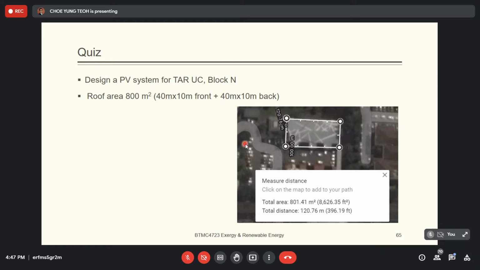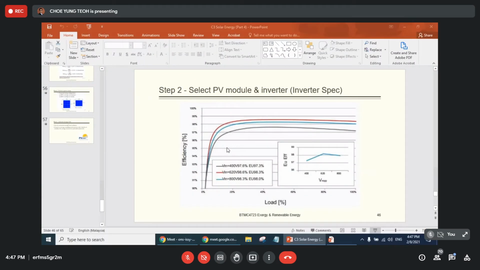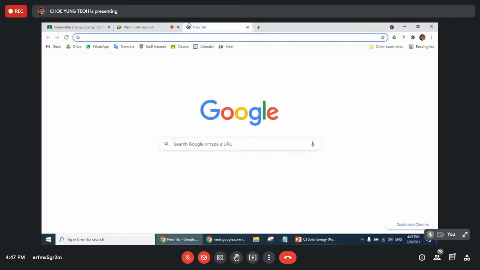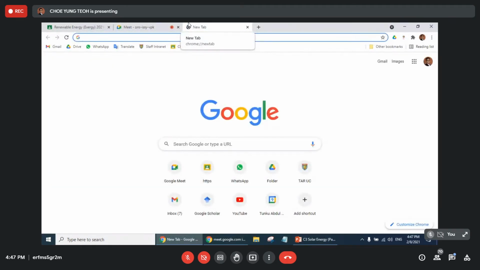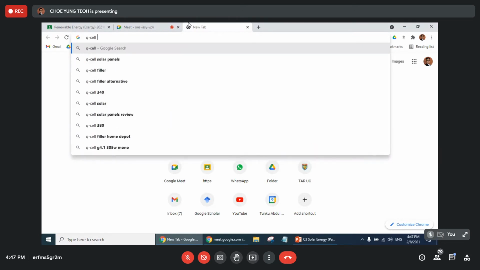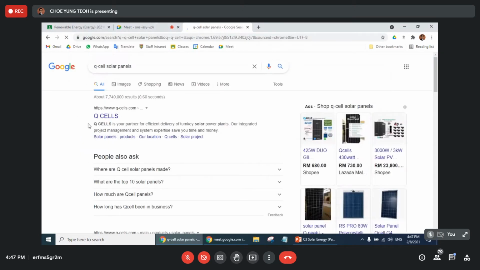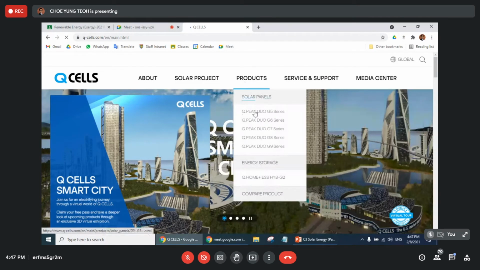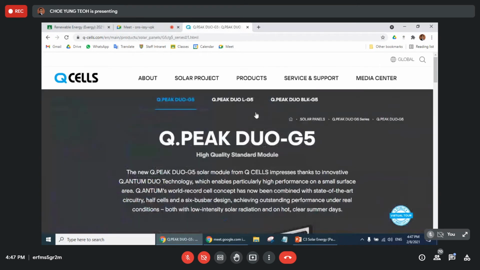Okay, good. Then I think you can try to do this. Wait a minute, we don't use the solar panel given in the lecture note. We try to choose another one.